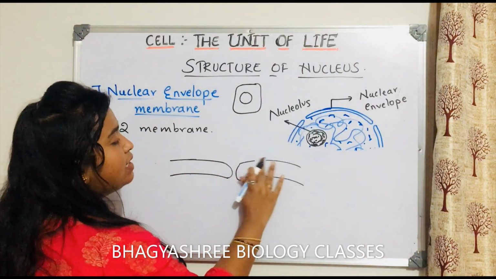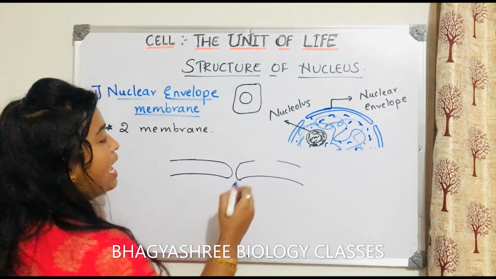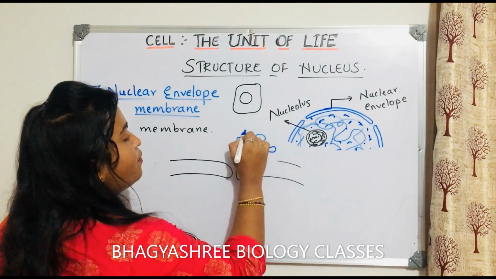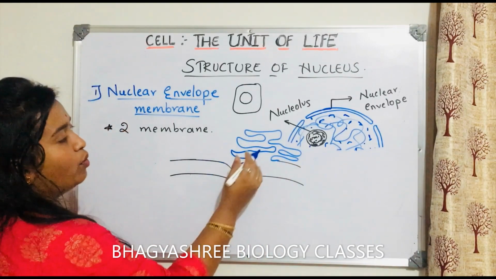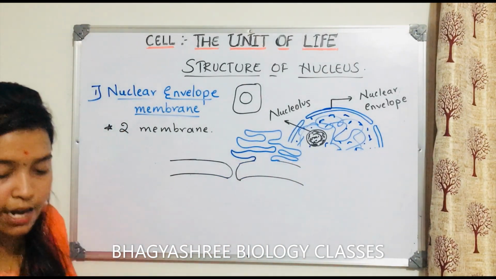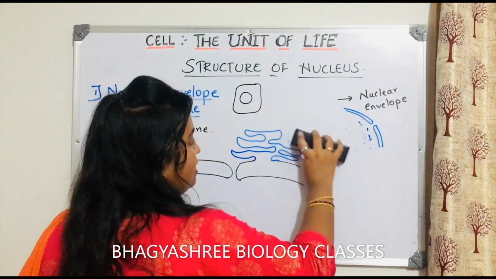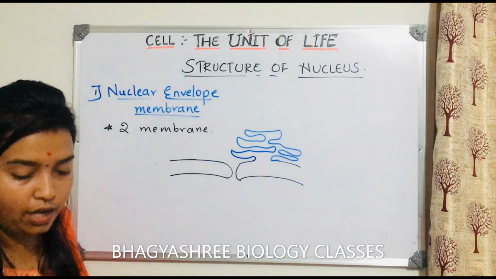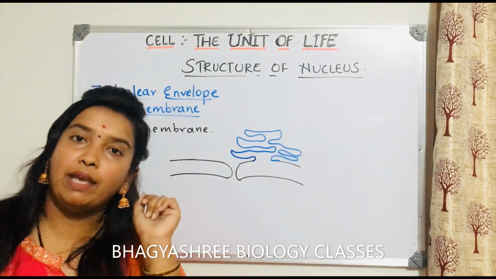Usually we see that it is associated with one more organelle, and that is called endoplasmic reticulum. I'll be rubbing this also because of space. So usually the outer membrane will be associated with endoplasmic reticulum.